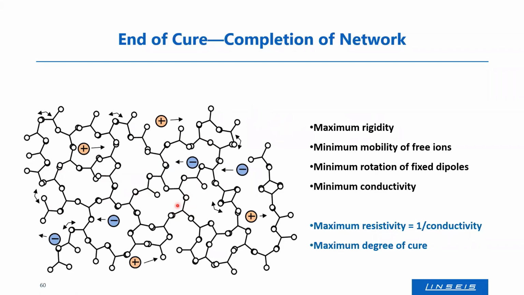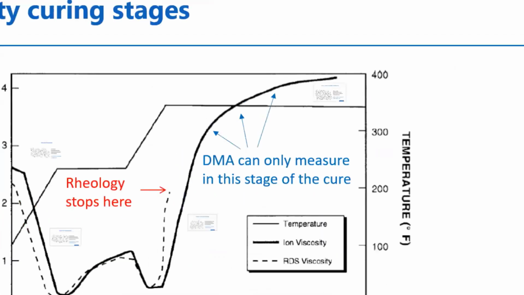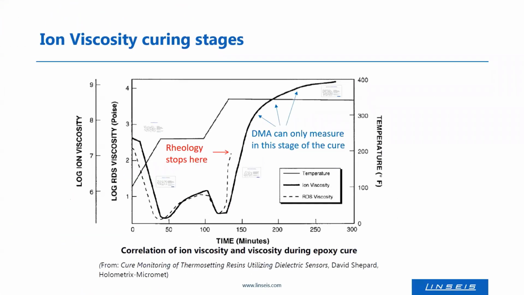So this could be measured with a DMA, but not with a rheometer. So the only measurement method really available to monitor the complete curing reaction is a dielectrical analyzer.